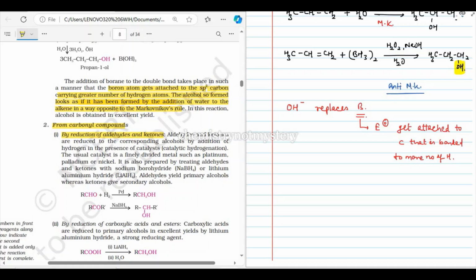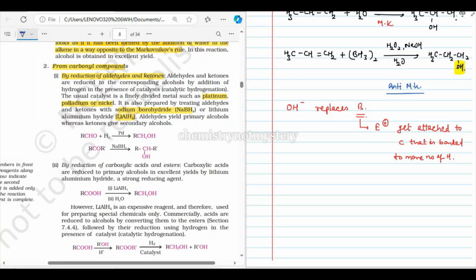The usual catalyst is finely divided metal such as platinum, palladium or nickel. It is also prepared by treating aldehyde and ketones with sodium borohydride, NaBH4, or lithium aluminium hydride, LiAlH4. Aldehydes yield primary alcohol, whereas ketone gives secondary alcohol.